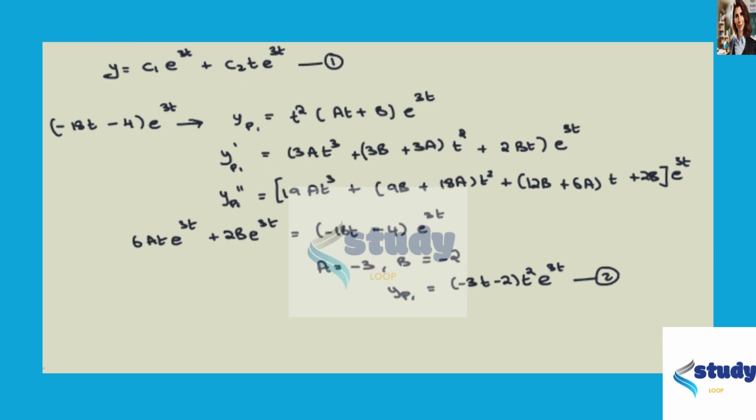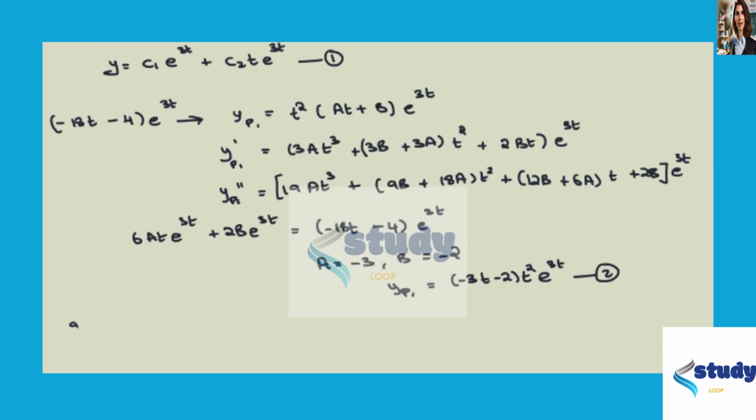Next, the particular solution of 9t + 3 is of the form yp2 equals at + b. Differentiating this for the first time, we obtain a, and for the second time, we obtain 0.